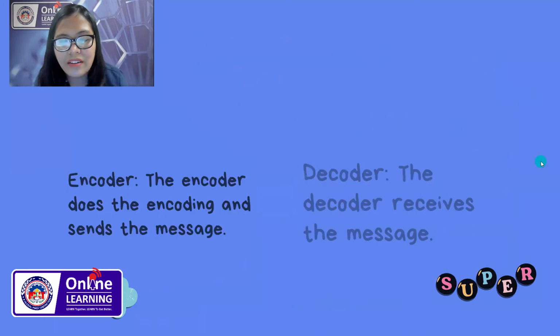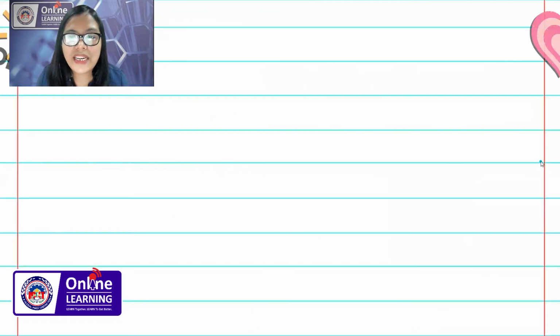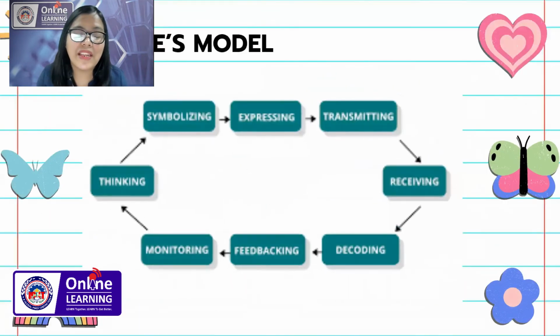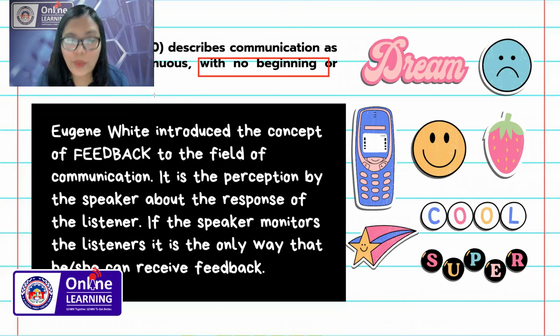Next, we have White's model. You can see there are many words or many flows of communication according to White's model. According to White, he described communication as continuous. It has no beginning and no end. Eugene White introduced the concept of feedback or reply.